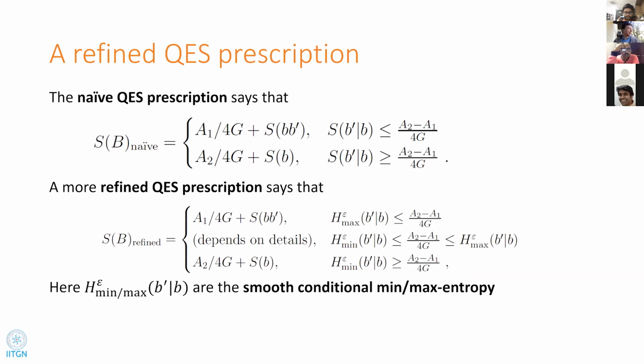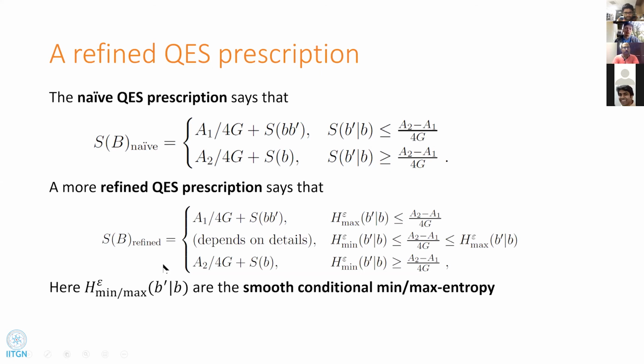You can divide it up into the eigenvalues that are larger than e to the minus the area difference, and the ones that are smaller than e to the minus the area difference. And then what you get is the probability of having an eigenvalue that's larger than the area difference times this formula, plus the probability of being smaller times this formula.